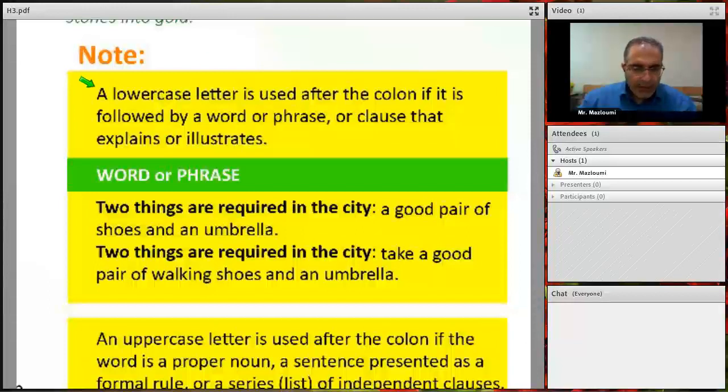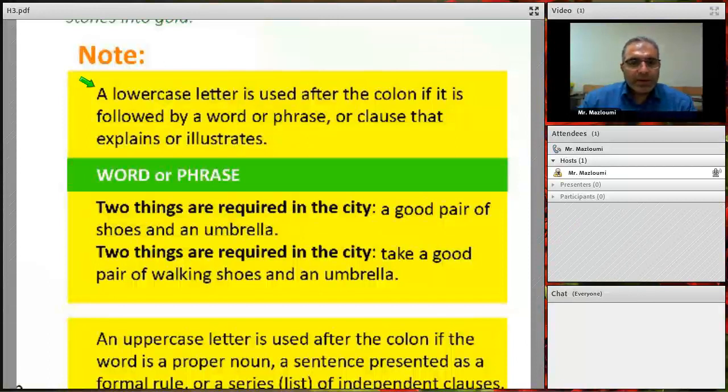Alright, notes. A lowercase letter is used after the colon if it is followed by a word or phrase or clause that explains or illustrates. Okay. So, everyone, a lowercase letter. Lowercase means not capital letters, yeah, just the small letters.